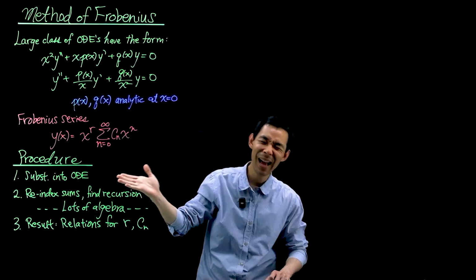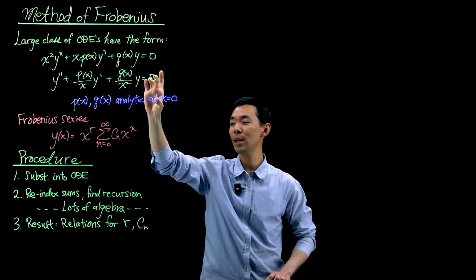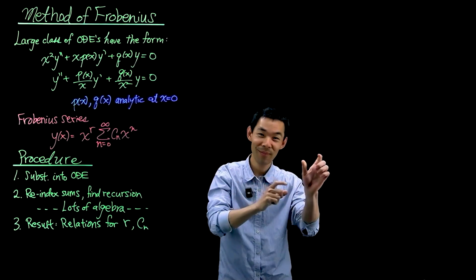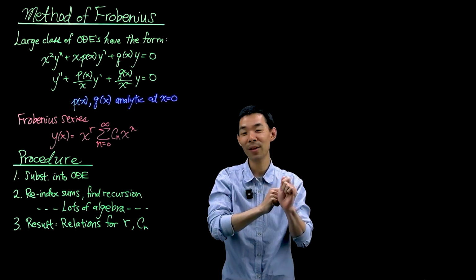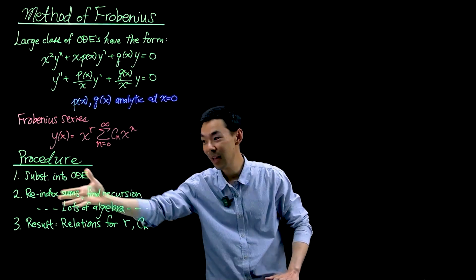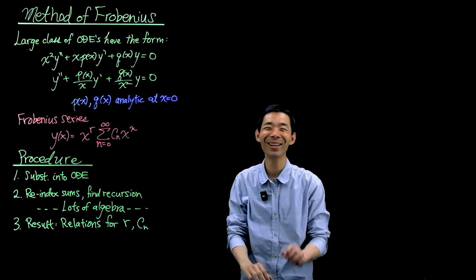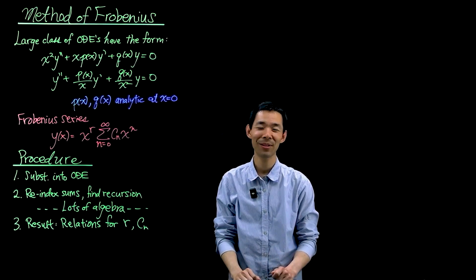A little cumbersome. But you do that, plug it into this second order ODE, and then you index the sum. You take the lower bound, and you re-index those summations. You find the recursion relationships, and this step requires a ton of algebra. So I'm not going to go through it right now because that misses the core point that I want to talk to you about today.